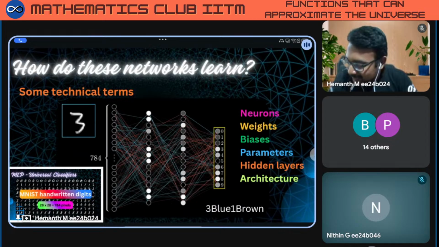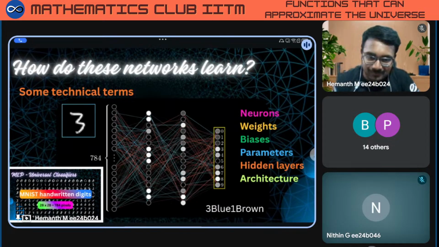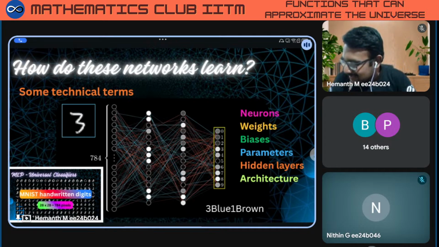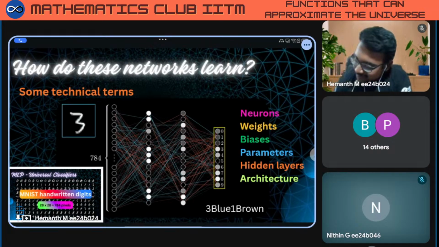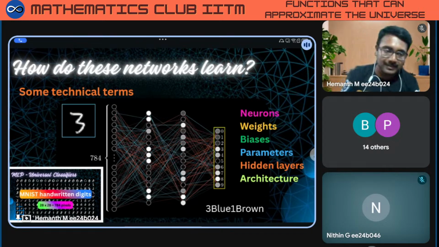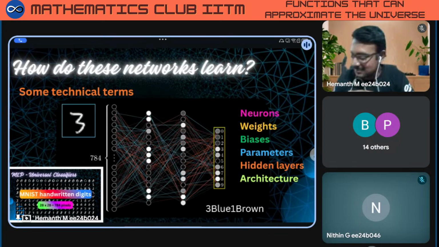Before going to how networks are trained, I just wanted to introduce some small technical terms, a few of which you must already be familiar with by now. In this earlier slide of the MNIST handwritten digit classification, I said that we can use MLPs to classify handwritten digits. This network is trying to do that.